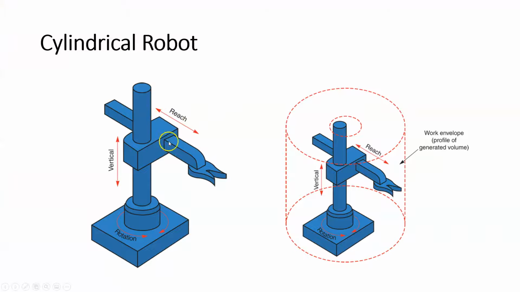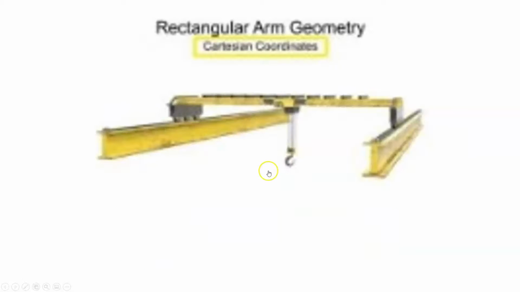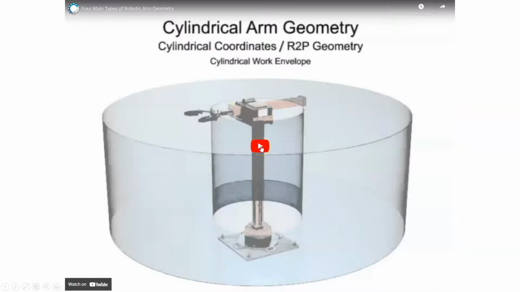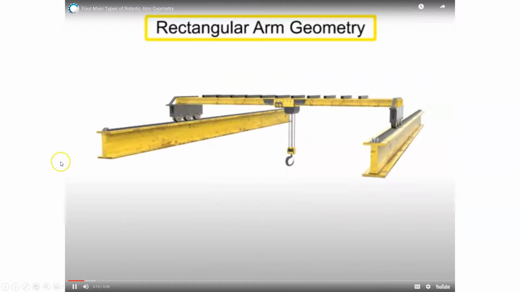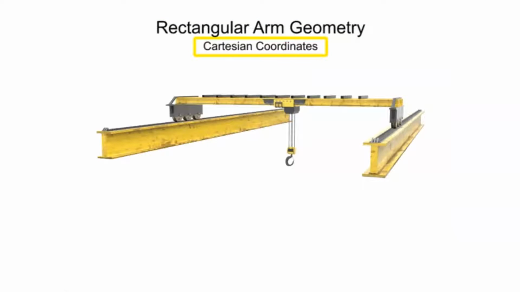All right, so cylindrical robots, again, here is that work envelope, and you can see its cylindrical shape. That's how these robots are named, right? A cylindrical robot has a cylindrical work envelope. And we're going to see a number of different examples here. So this is a gantry, right?